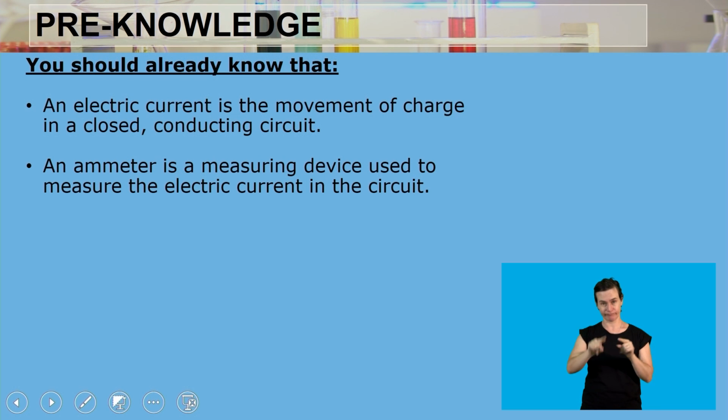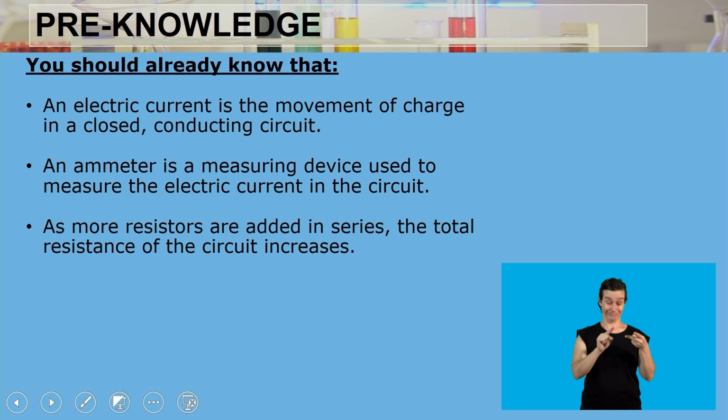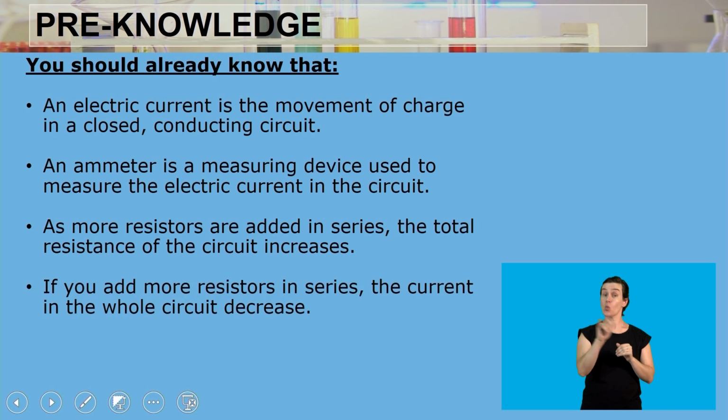Remember, we can use the ammeter to measure the electric current in either a parallel circuit or a series circuit. We also know that as we add more resistors in series, the total resistance of the circuit increases. And lastly, if you add more resistors in series, the current in the whole circuit decreases.